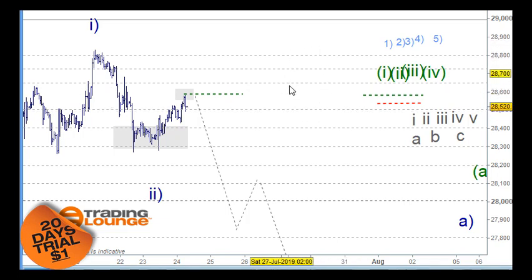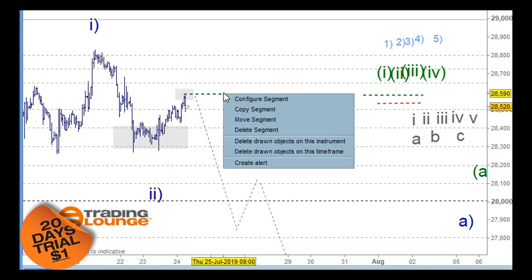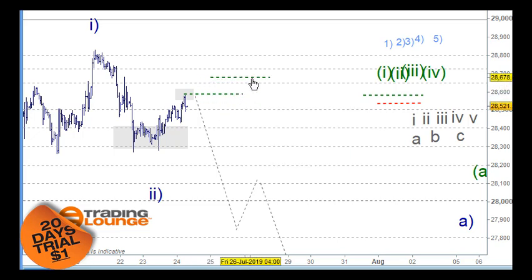So that all becomes group 2 here. So this level here, the 28,650, the halfway mark between 800 and 500 here, it's the resistance. But if it becomes the support, then that's also another position we can add to through here.